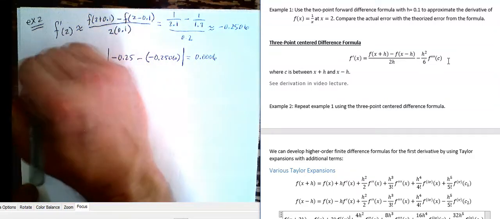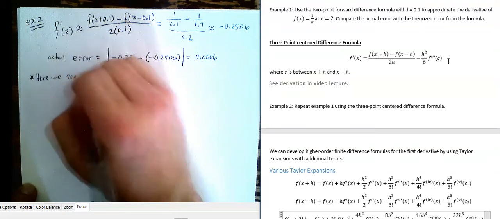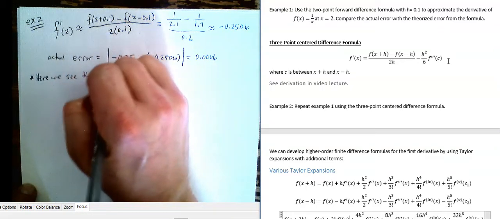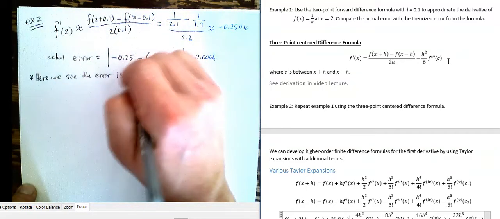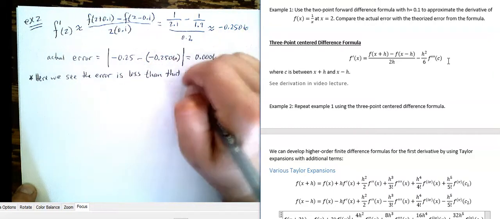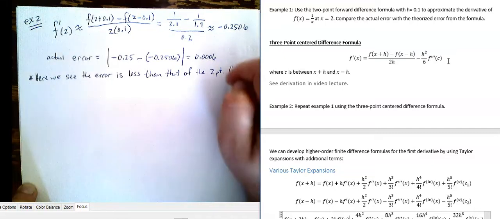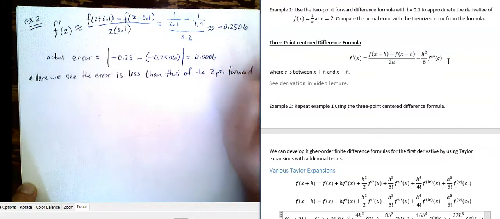So here we see the error is less than that of the 2-point forward difference.